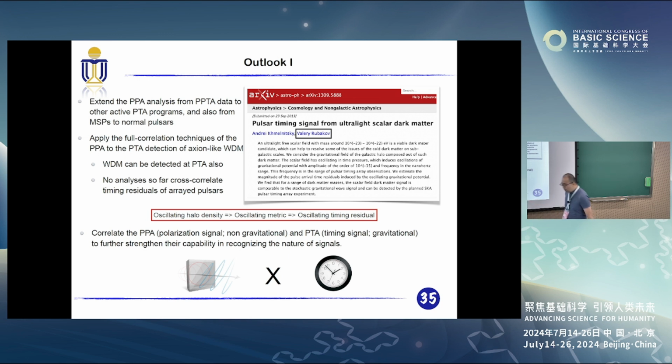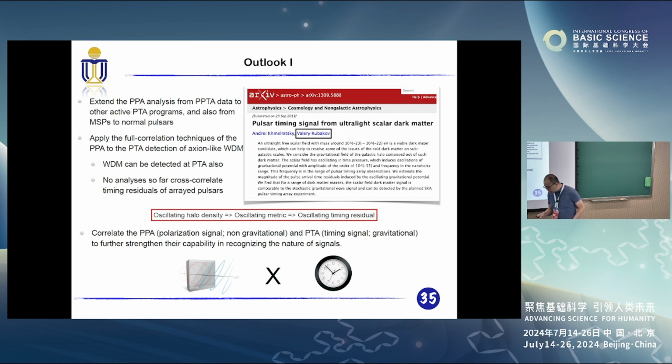And I think this is very interesting, because our original motivation was closely related to the pulsar timing array, and at that moment we just wanted to make use of the polarization data from the PTA programs.